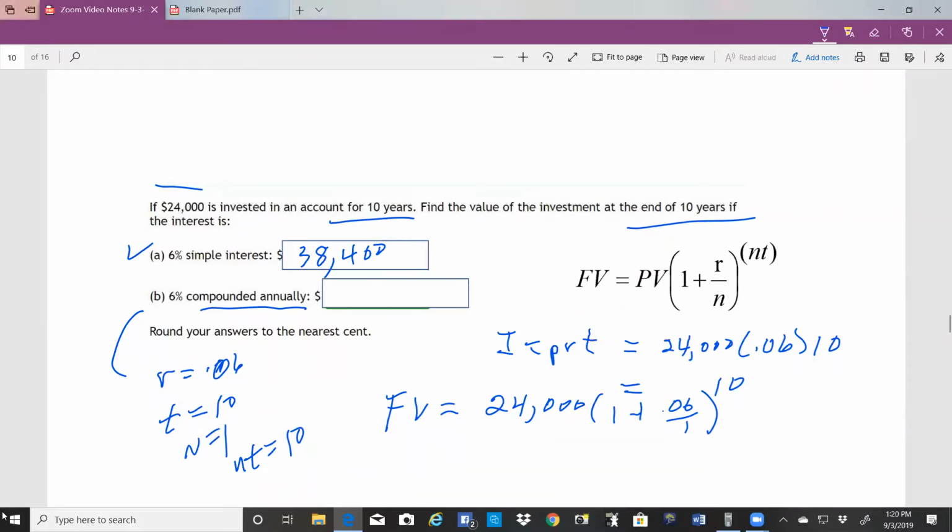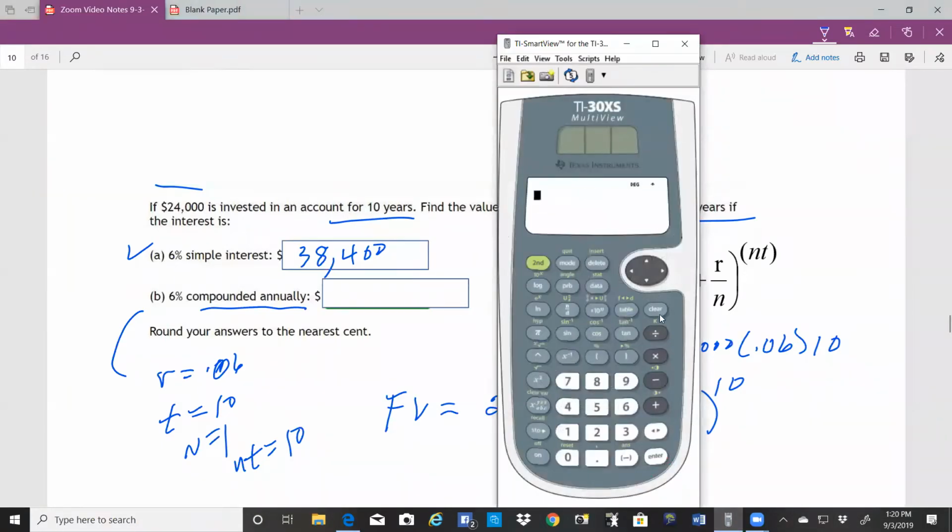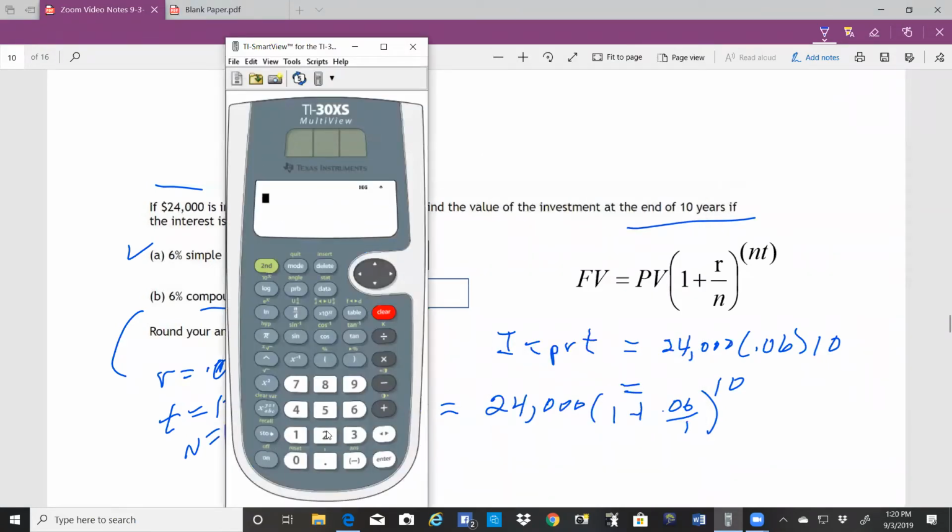I'm going to go ahead and put this in the calculator. I hope everybody has this calculator here. I would put 24,000 times 1 plus, and I'm going to go ahead and do the fractional here, 0.06. In this case, the denominator is 1.